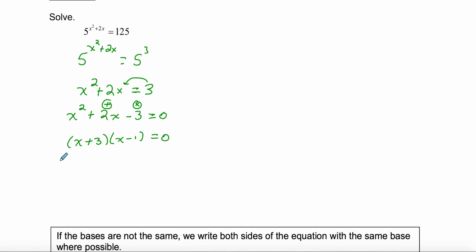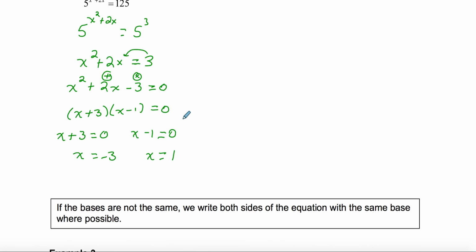Remember that when we have factors and we're trying to solve for x, we set each one equal to 0. Moving the +3 to the right side, we have -3, and moving the -1 to the right side, we have +1. So we actually have 2 answers for x, and we have solved that exponential equation.